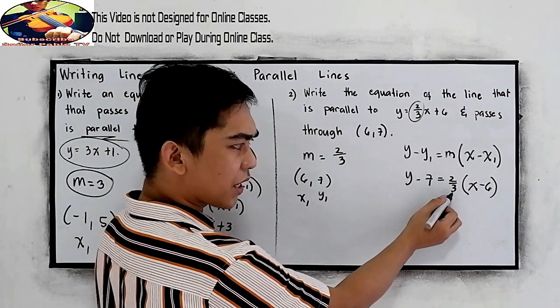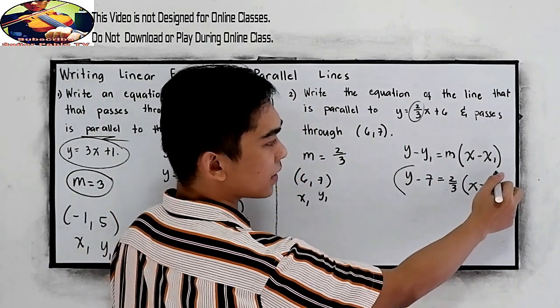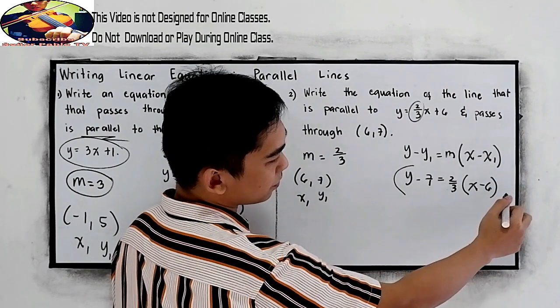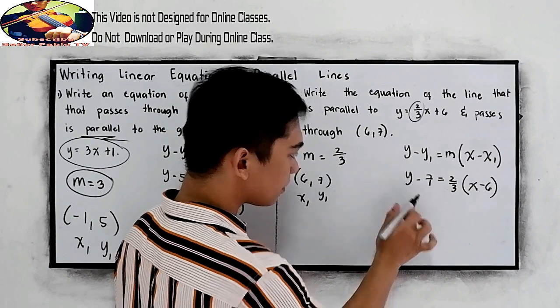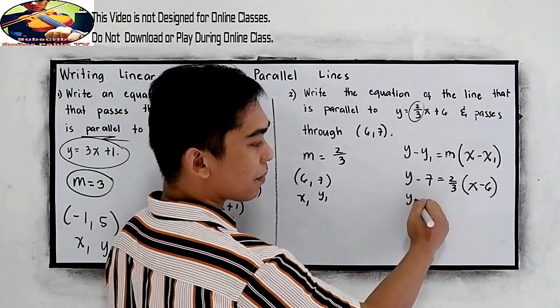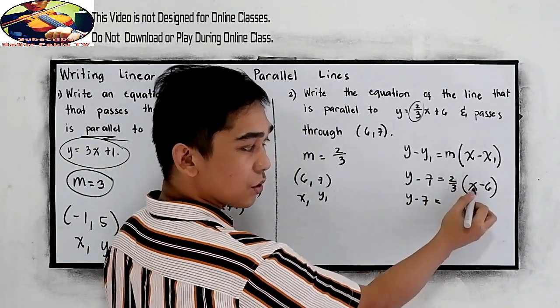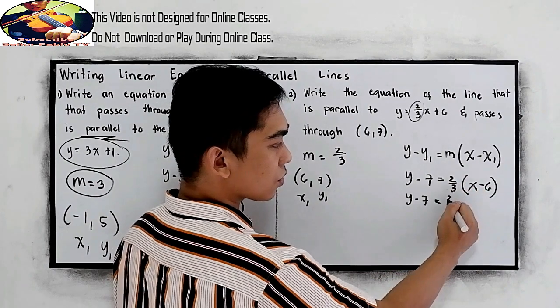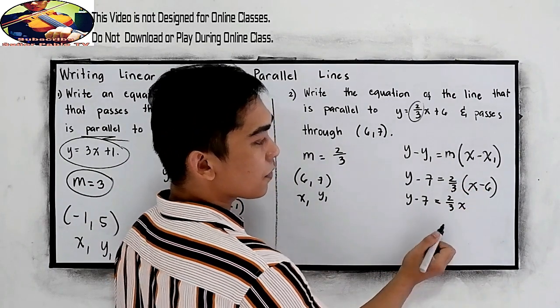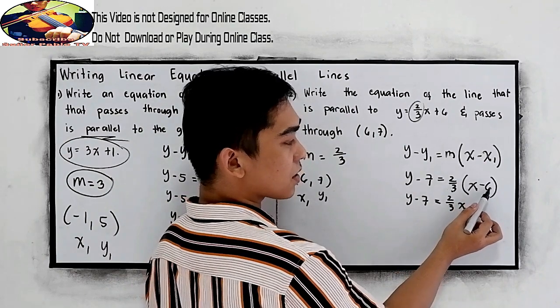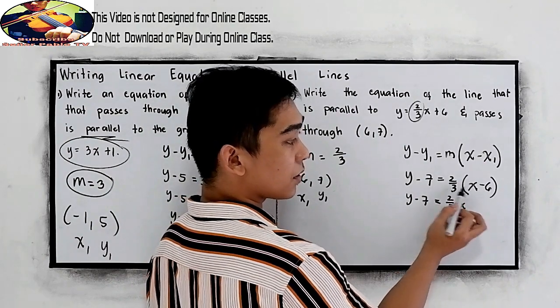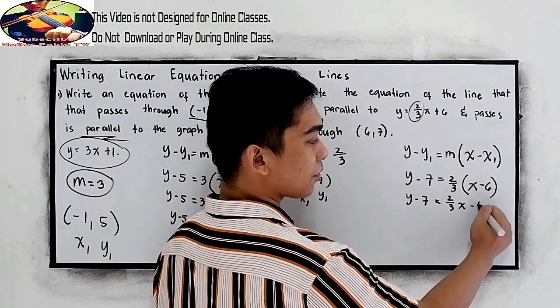Let us remove our denominator so we can multiply this 2. Just copy y minus 7 is equal to, distribute, 2 over 3x. Now we have 2 times -6, that is -12, divided by 3, -4.